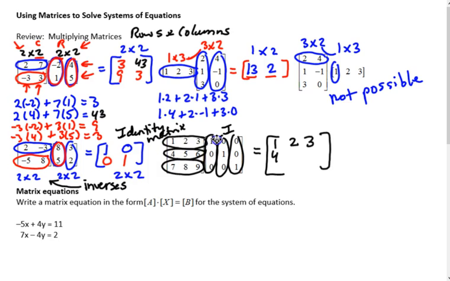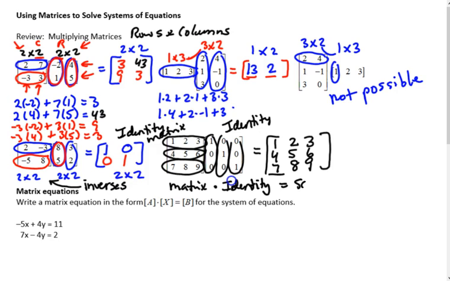If I do 4 times 0, 5 times 1, 6 times 0, I get 5. And guess what? I'm going to just get the same numbers back again. So if you take a matrix times the identity matrix, you just get the same matrix. Okay, so that's a little review about matrix multiplication.